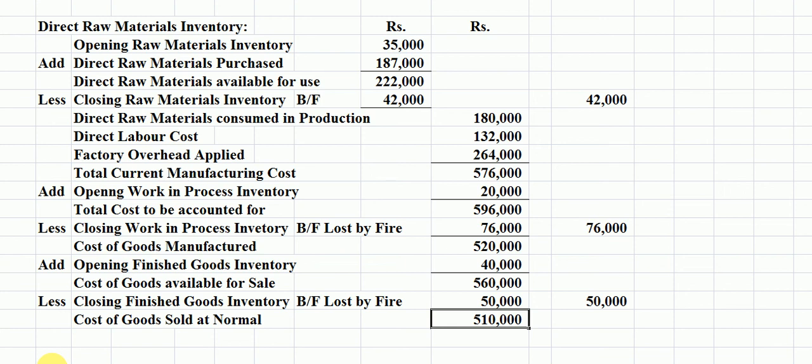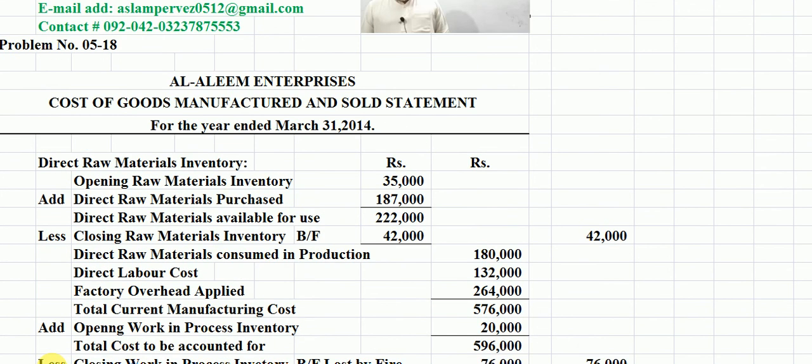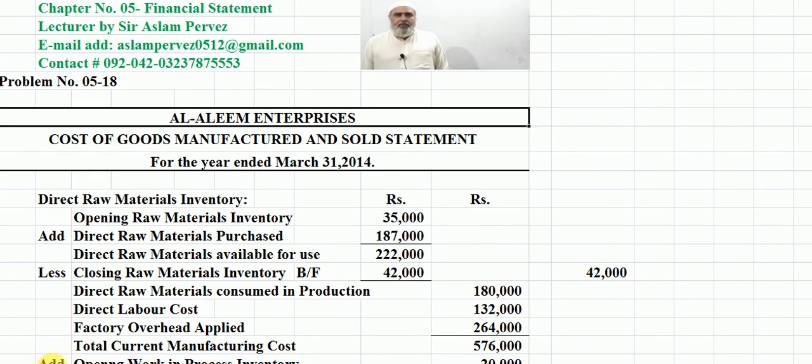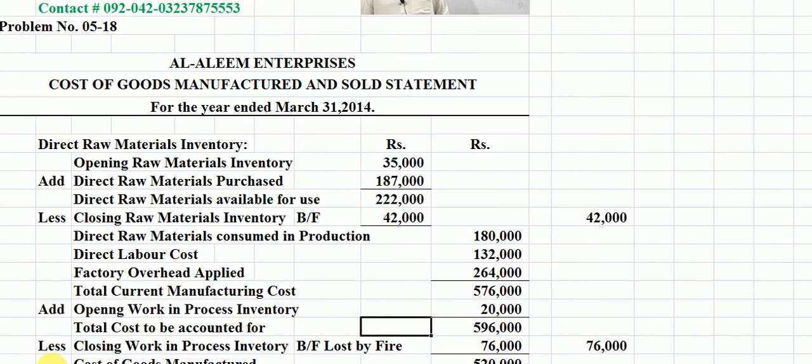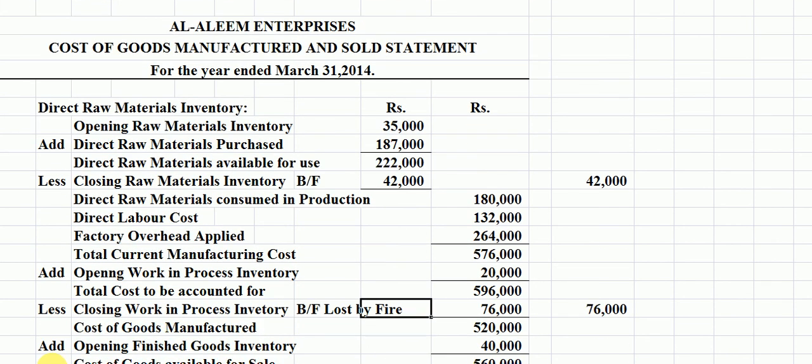Students, you are seeing that we have found all the requirements. First, the closing raw material inventory, which is the balancing figure here. Secondly, the closing work in process inventory, the balancing figure lost by fire, which is 76,000 rupees.